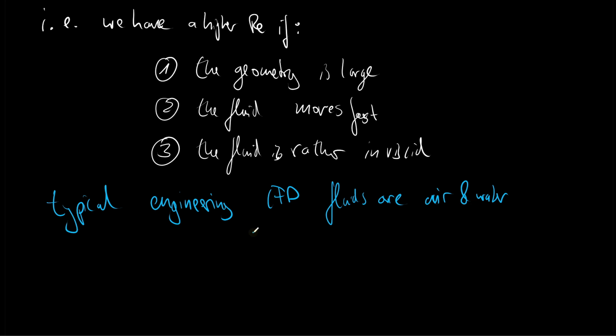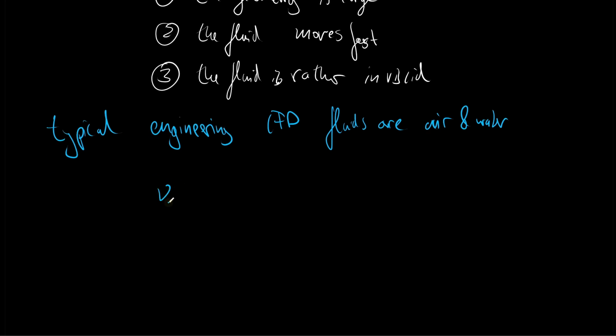And these two have a kinematic viscosity of, so nu of air at standard conditions is going to be 1.46 times 10 to the minus 5 meters squared per second, and the kinematic viscosity of water under standard conditions is 1.14 times 10 to the minus 6 meters squared per second.